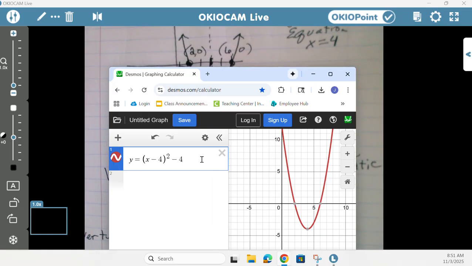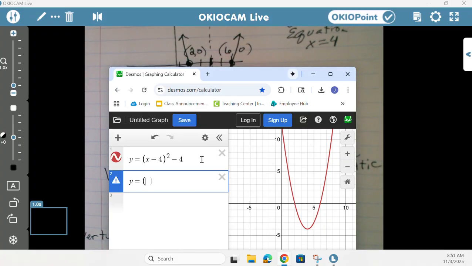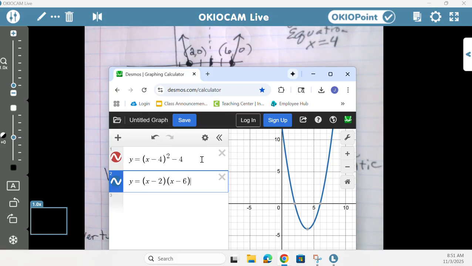So I can check the factored form of this by typing y equals, parentheses, x minus 2, parentheses, x minus 6. I know it's right because it's the same line that's graphed. The second one is the factored form. The first one is the vertex form.